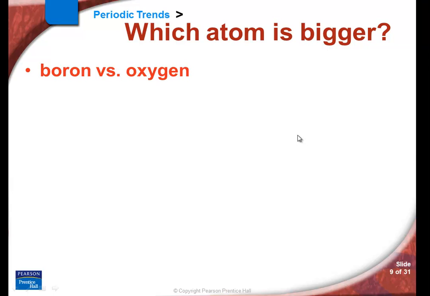Okay, so to wrap this up, let me just throw a couple atom pairs at you, and let's see if we can quickly identify which atom is bigger based on what we just talked about. So you've got your periodic table open, hopefully. You need to locate boron and oxygen, and let's see if we can figure out which one's bigger.